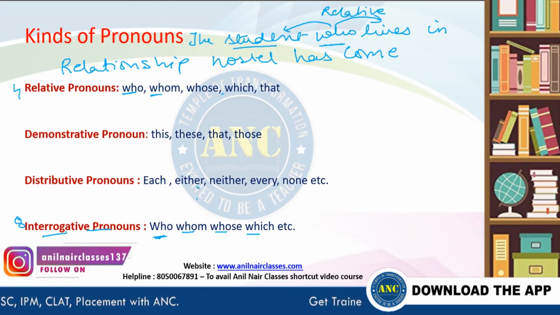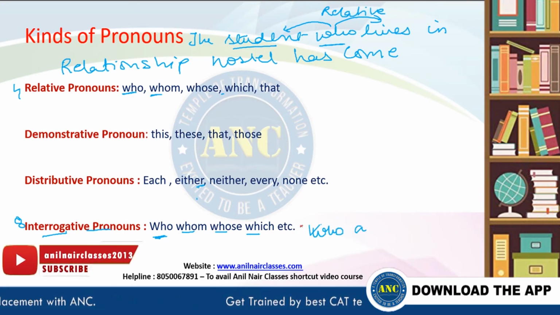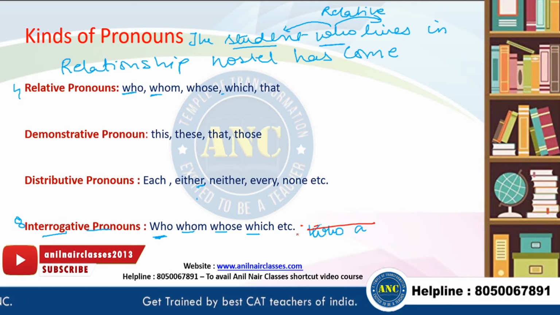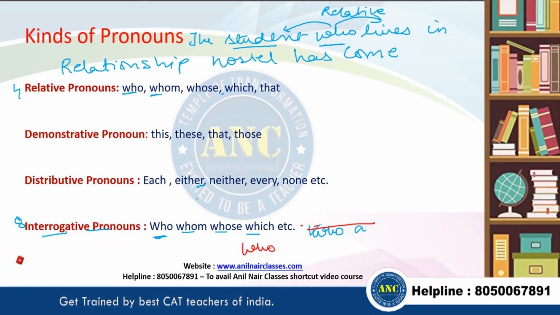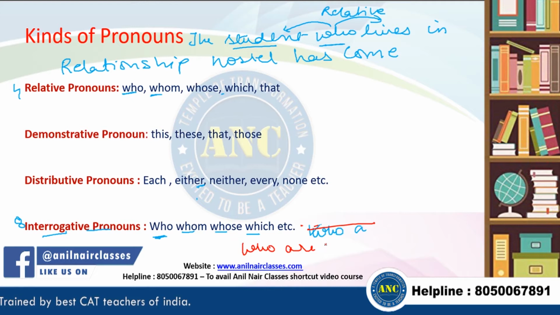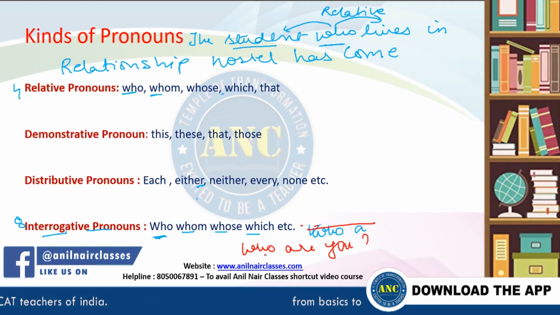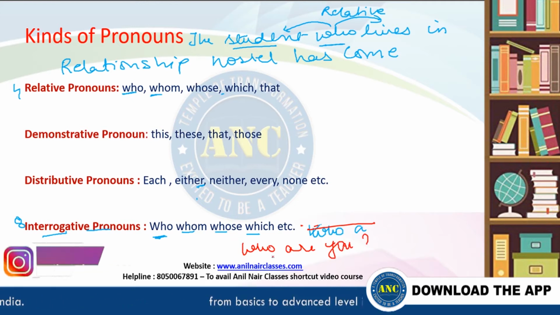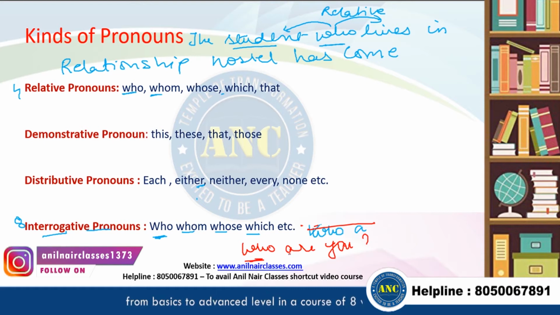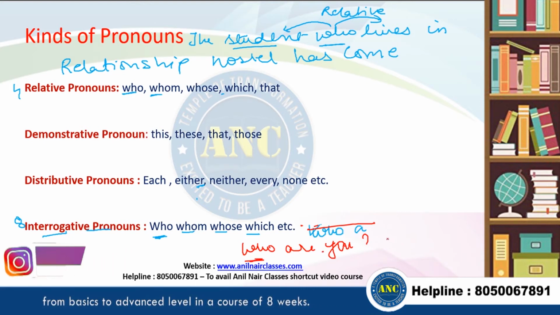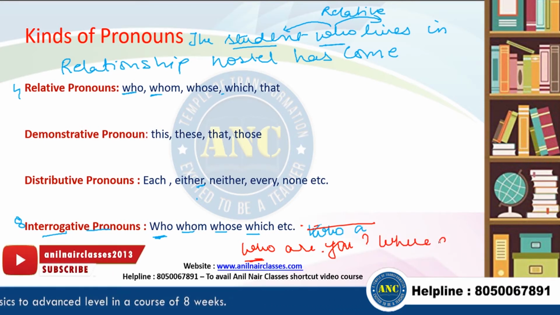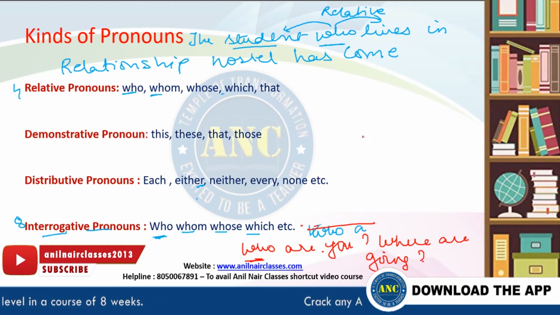But if I say who are you, right? I'm asking a question over here. Here the word who is functioning as an interrogative pronoun. If I say where are you going, it's again an interrogative pronoun.